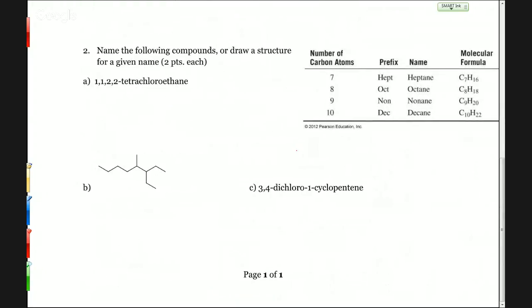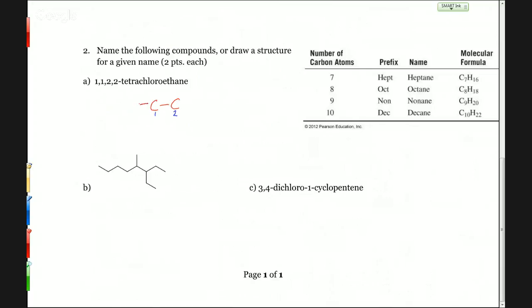All right, for these, we're going to name them or draw a structure for a given name. 1,1,2,2-tetrachloroethane. How many carbons in ethane? 2. So we're going to draw 2 carbons like that, and then we can number them, 1 and 2. The substituents tell us that at carbon number 1, there's 1,1, that's 2 different chloros, and then at carbon number 2, there's 2 chloros. That's the 1,1 and 2,2.